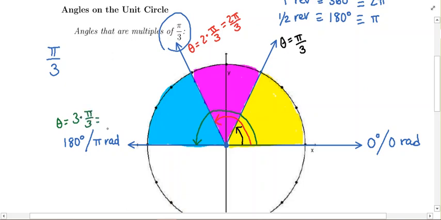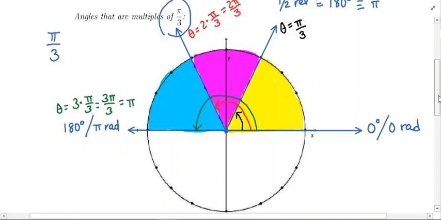We did it 3 times, so that gives us 3 pi over 3. That simplifies to pi radians. So this particular angle has a measure of pi radians, which we expected. So there are 3 of the angles so far. We saw where the pi over 3 comes from, 2 pi over 3, and the angle pi itself.